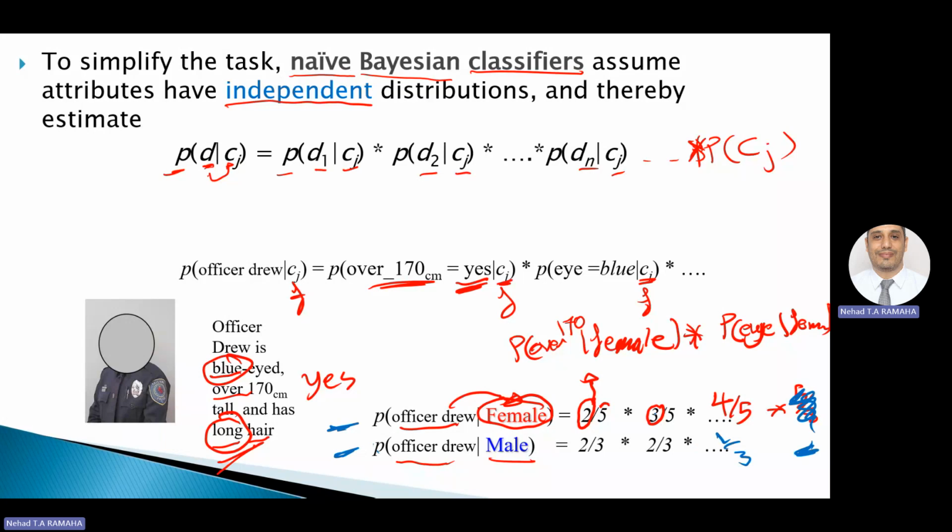So 2 multiplied by 3 multiplied by 4, yes. So 0.4 multiplied by 0.6 multiplied by 0.8. It's equal how much?